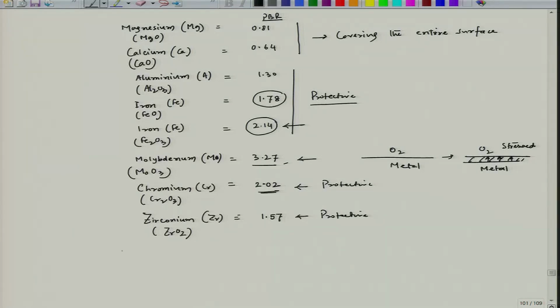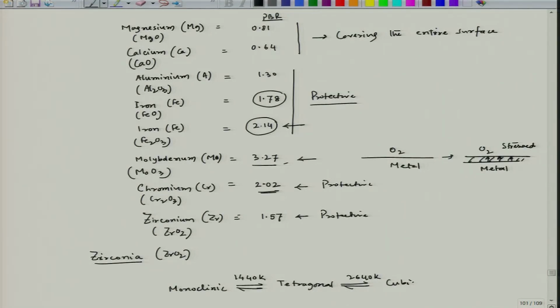So, for example, if I consider the zirconia phase transformation, this is zirconia, ZrO2, the room temperature phase is monoclinic, which has an allotropic transformation to tetragonal, and then again at 2640 K it goes to the cubic phase.